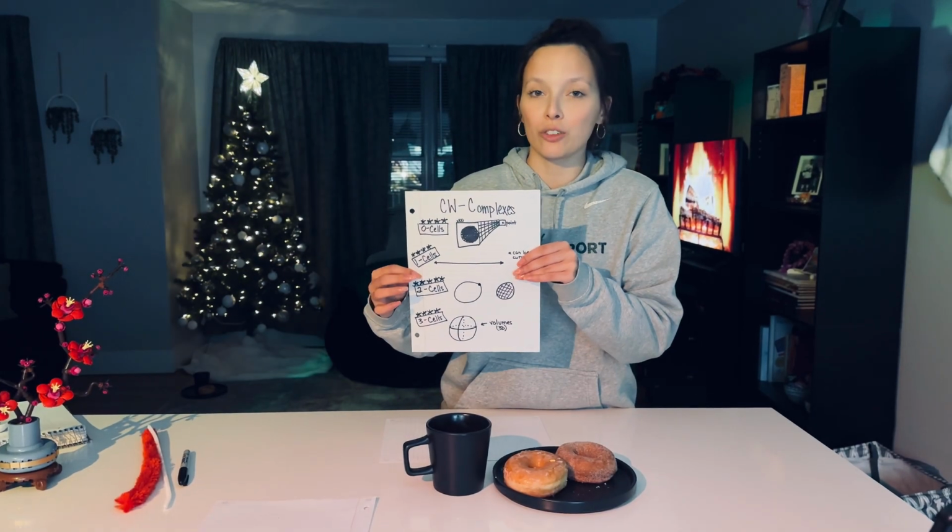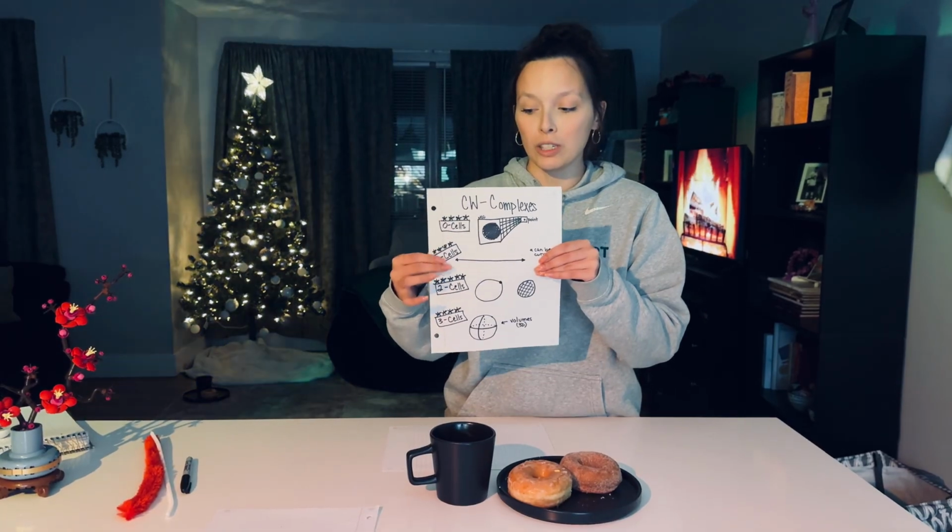Looking at this set of ingredients, we're going to be using the 0, 1, and 2 cells to make our very own donut and coffee mug. So, if I add in one 0 cell, two 1 cells, and one 2 cell, I'm able to get the CW complex of a torus. Oh my God!